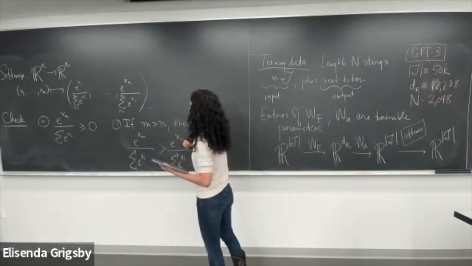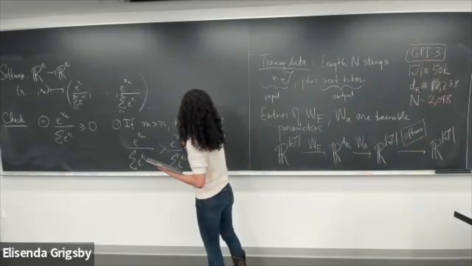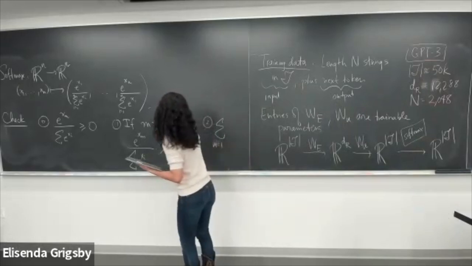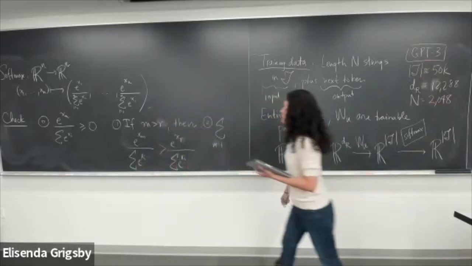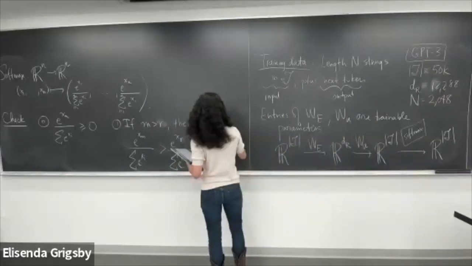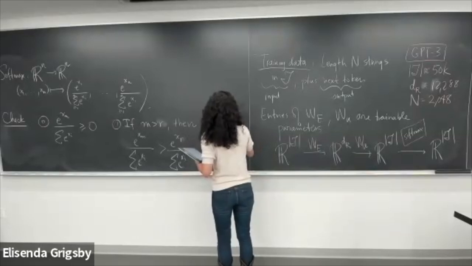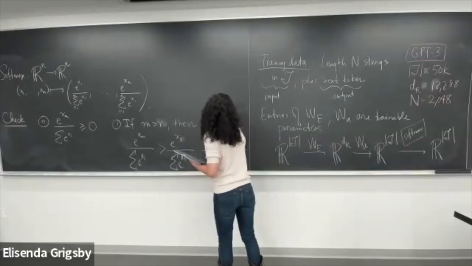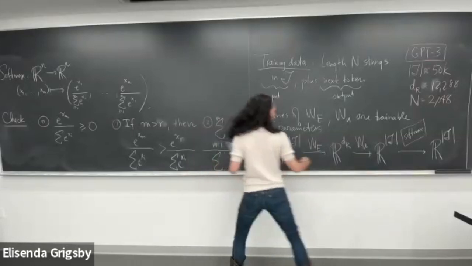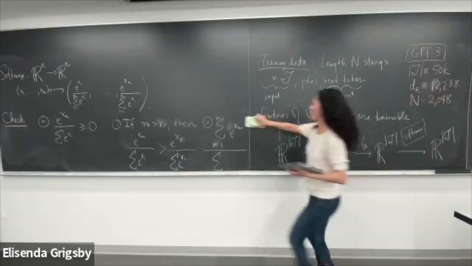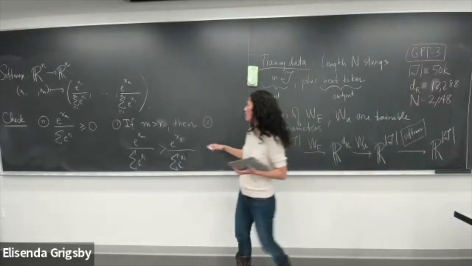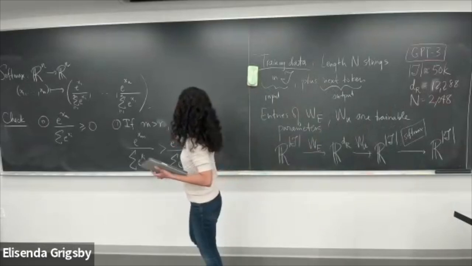I shouldn't have used n. You see what I mean? The sum of these is equal to 1. If x_m is bigger than x_n, yeah, that's what I meant.